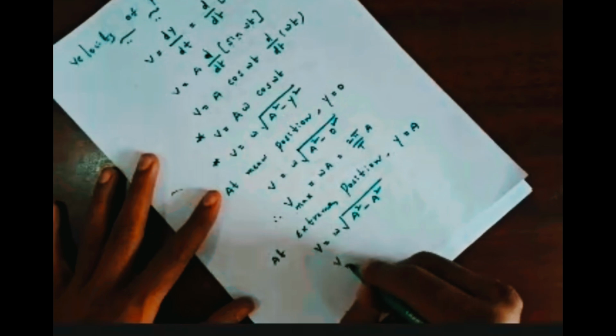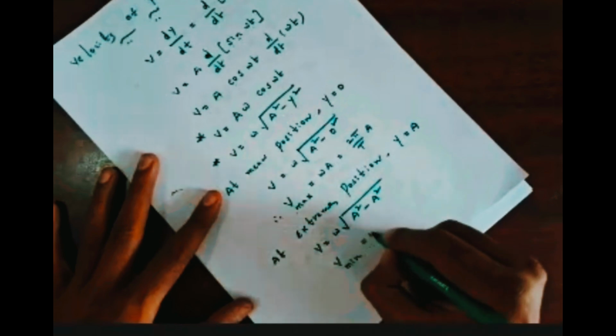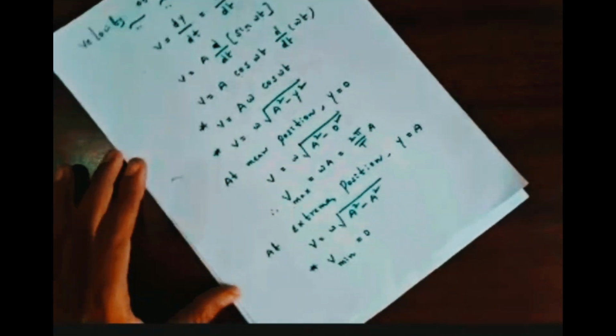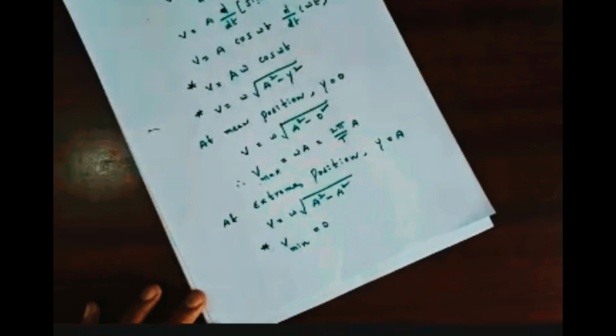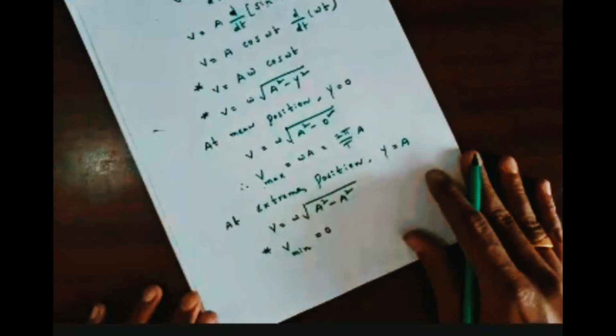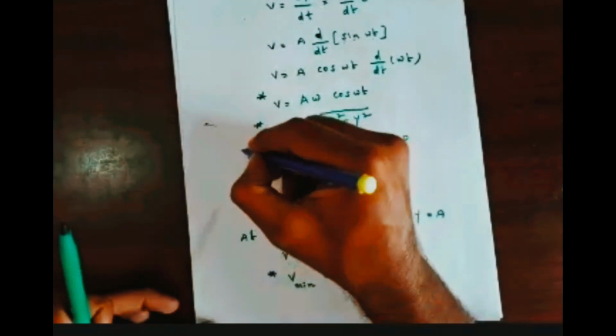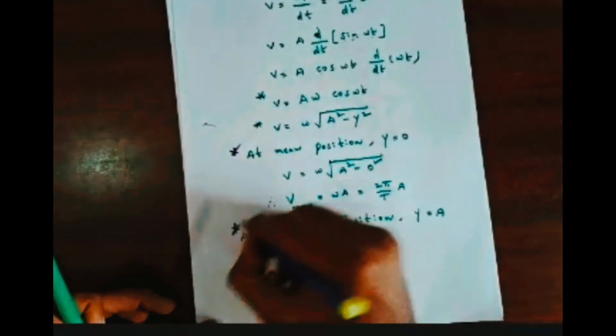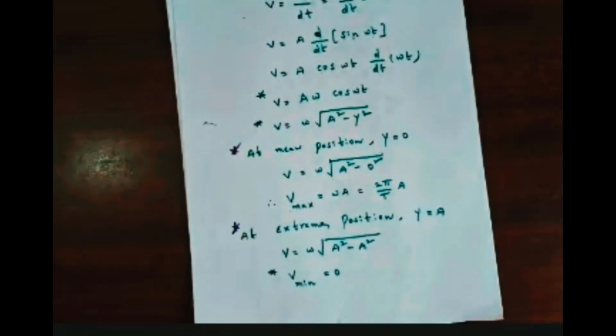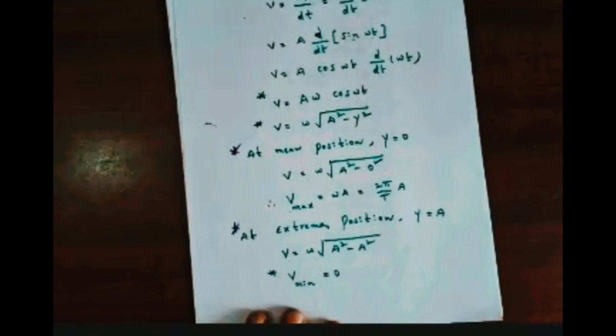That is nothing but v min. What is the value of v min? 0. At extreme position, the velocity of the particle is 0. These two you need to remember again. At mean position, the velocity is maximum, that is omega a. At extreme position, the velocity is minimum and the value is 0. Minimum means 0.